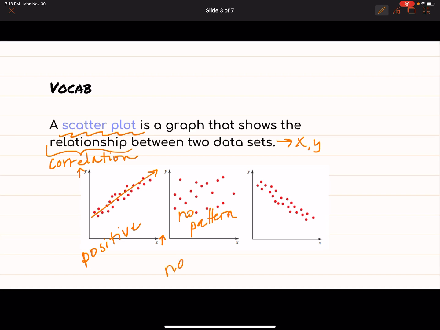That we call no correlation. There's no relationship going on between that x and y variable. In the third example, you can see it's decreasing from left to right. That's when one variable is increasing, the other is decreasing. That is a negative correlation.